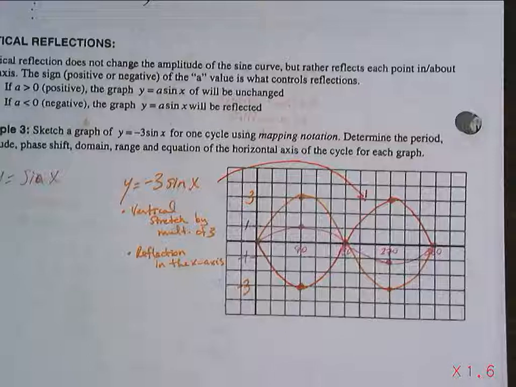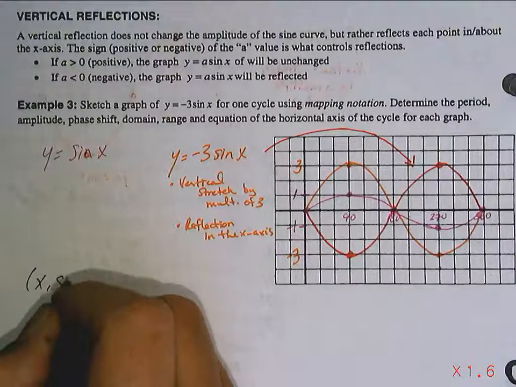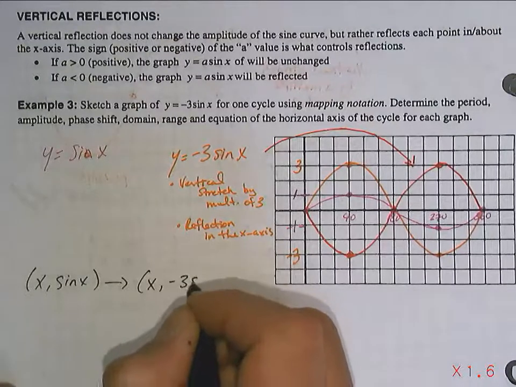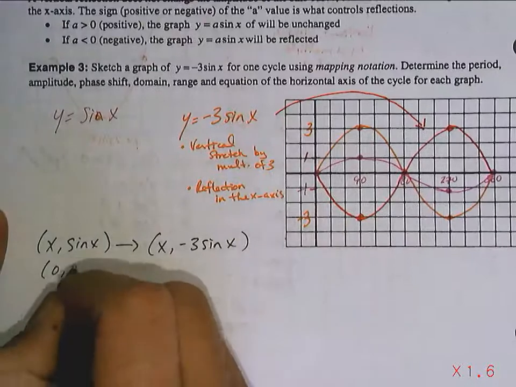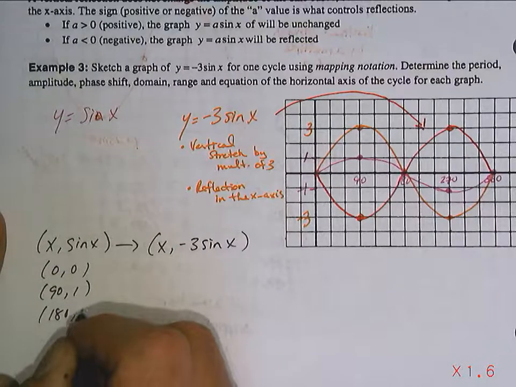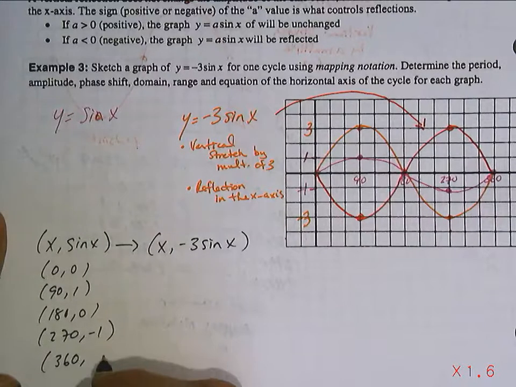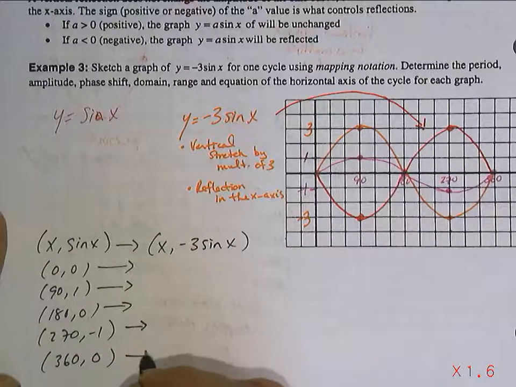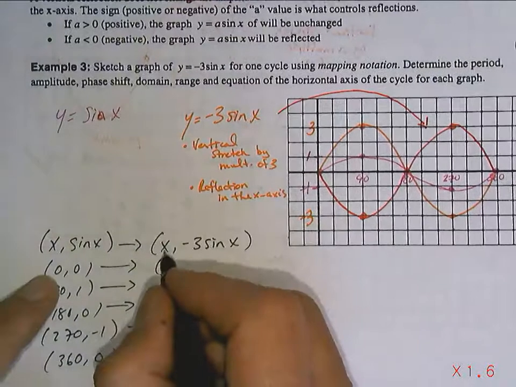Now, what about if you're going to do it with point notation? Well, point notation looks like this. x, sine x goes to x, -3 sine x, which means that any single point on the original, 0, 0, 90, 1, 180, 0, 270, -1, and 360, 0, can all be mapped, if you will, it's called a mapping diagram, onto the same x.